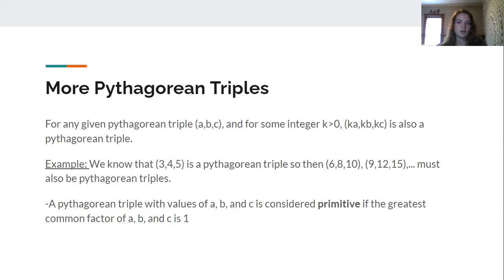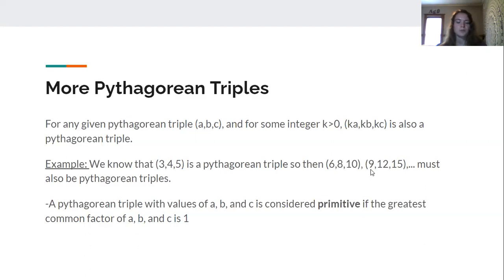And then we can also find, if we have the k value of 3, you'd get 9, 12, 15, which also satisfies the equation. And we can keep doing this for any value of k. K equals 4, k equals 5. And all of those values are going to create more Pythagorean triples.